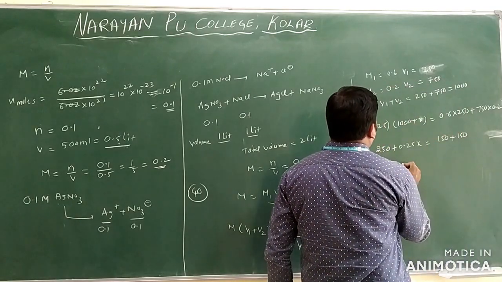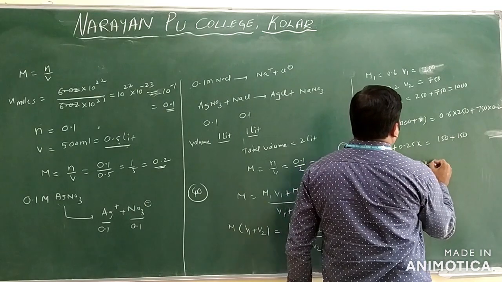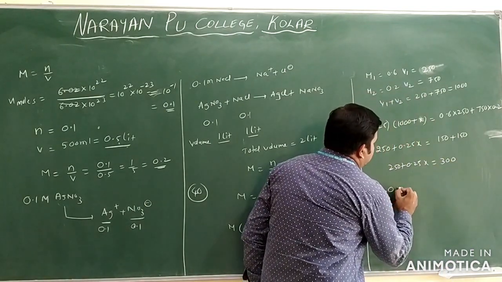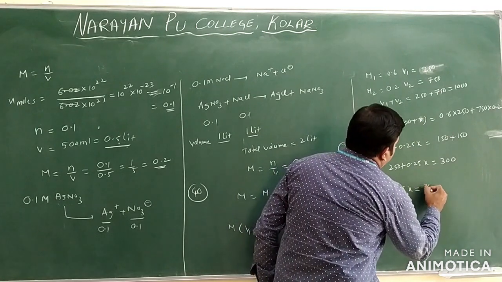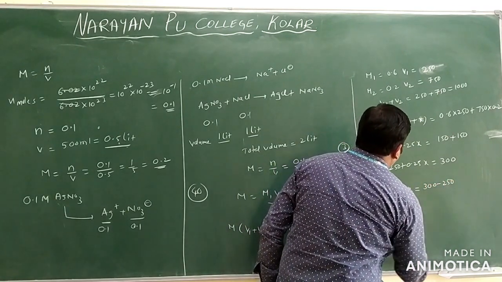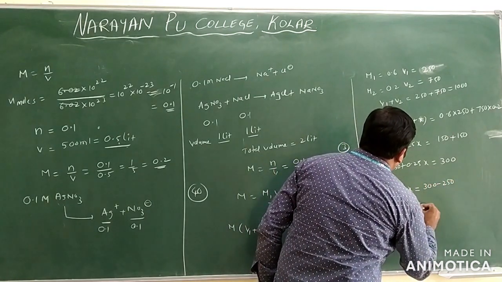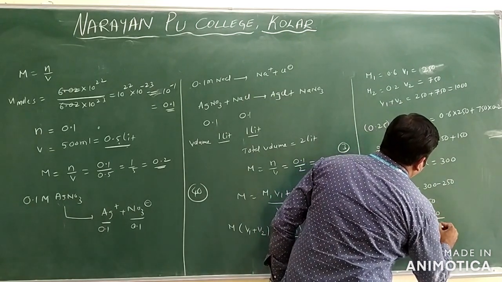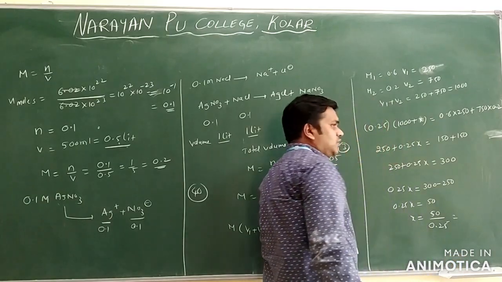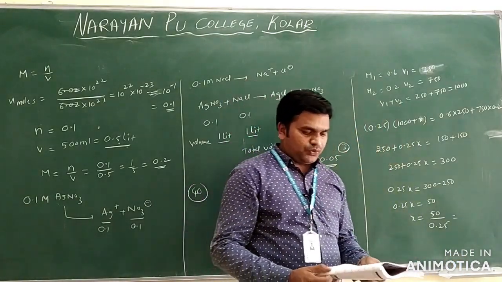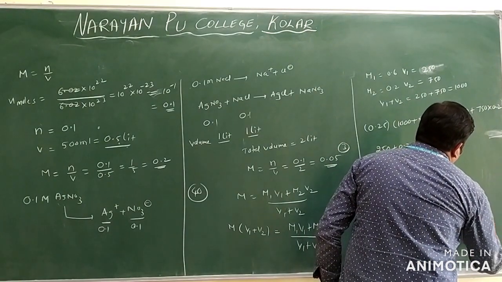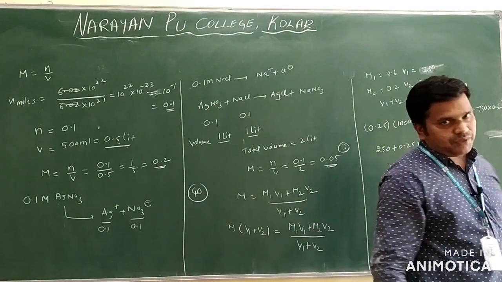So 250 plus 0.25X is equal to 300. So here 0.25X is equal to 300 minus 250, 0.25X is equal to 50, X is equal to 50 by 0.25. So you will get 200 ml as the answer for this question only.